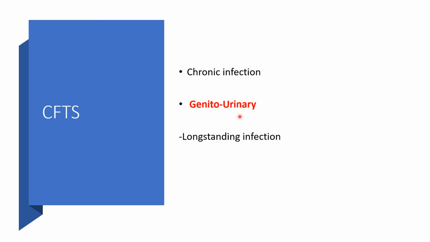Now, the genitourinary system, long-standing infection. The pathway is essentially the same, like I've said about the early infection. Now, the long-standing infection. There may be dysuria, urinary frequency, fibrosed and calcified bladder wall. Ureteral stricture may occur as a result of granulomatous formation leading to hydronephrosis.